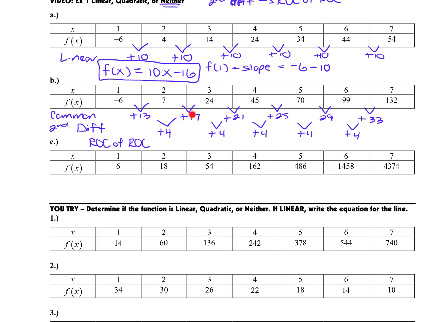So this was the rate of change. And if we find the rate of change of the original rate of change, that's what this is describing, and it is consistent. So this function is quadratic. Now, there are certainly ways for us to get this rule, but that is not a concern for us right now. We just need to be able to write equations for lines and determine if something is quadratic.